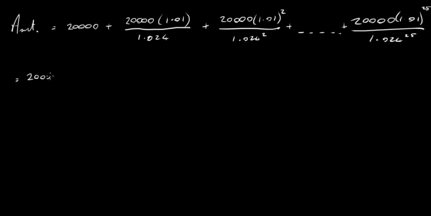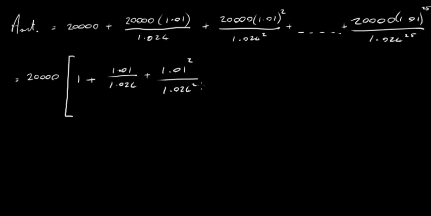So I'm going to take this 20,000 out, and what I end up with is 1 plus 1.01 over 1.024, plus 1.01 squared divided by 1.024 squared, plus all the way up to 1.01 to the power of 25 divided by 1.024 to the power of 25.